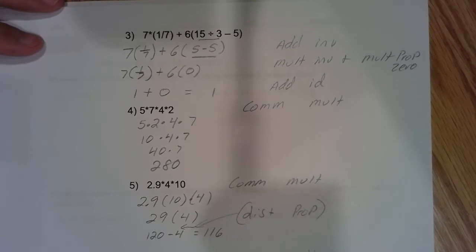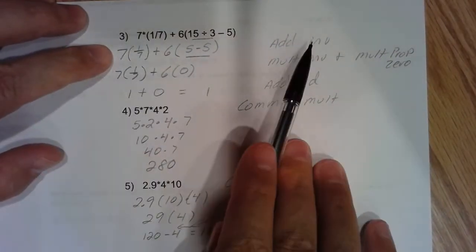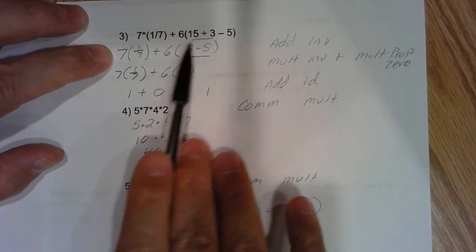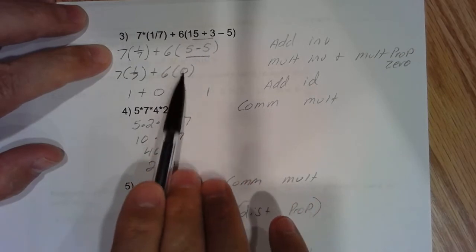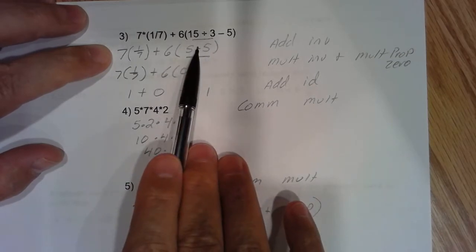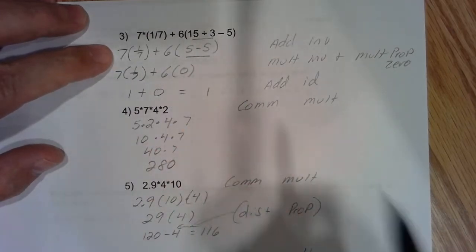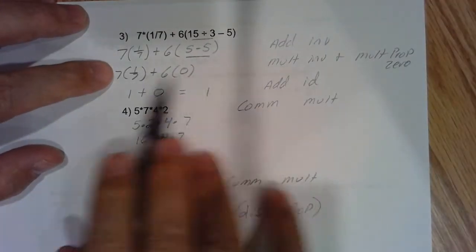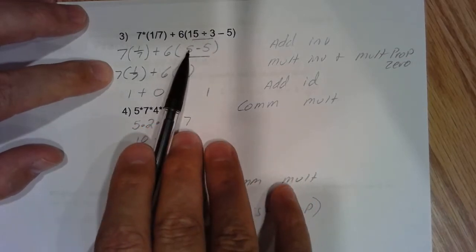So here, 7 times 1/7, that's the multiplicative inverse. The 15 divided by 3 is 5. And then 5 minus 5 is 0. That is your additive inverse right here. I forgot to write multiplicative inverse. Never mind. Inside the parentheses, all I did was the dividing. Got 5.